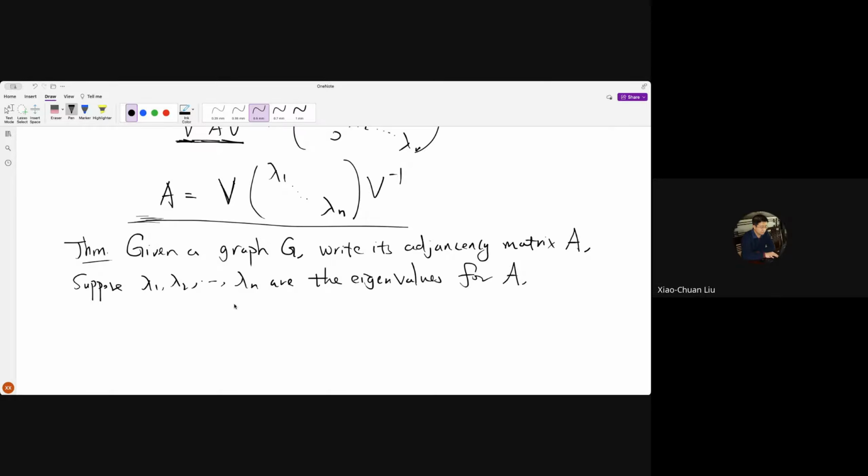These eigenvalues you call eigenvalues of G.